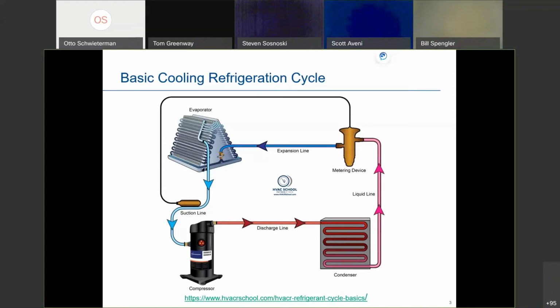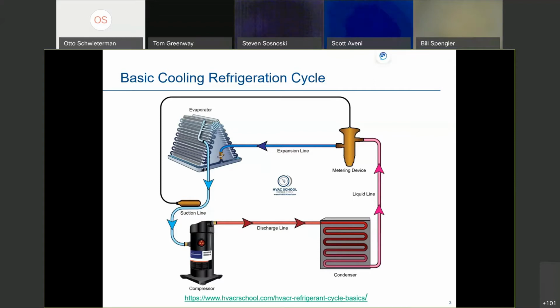As the refrigerant moves through the evaporator, you're going to have a fan blowing across that evaporator, and that fan is what supplies the supply air to the space. So when cooling, you may try to get 55-degree air supplied to the space. You may have refrigerant coming into that evaporator at 45 degrees, and it might leave that evaporator at 52 degrees.